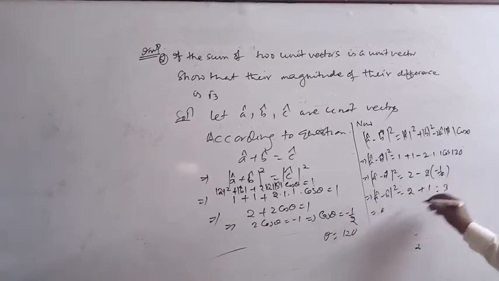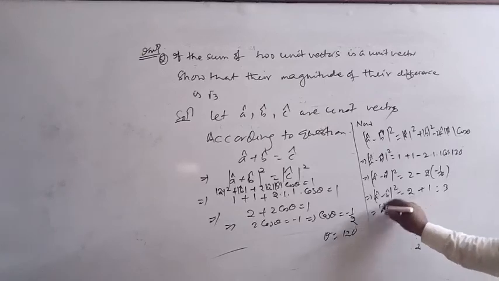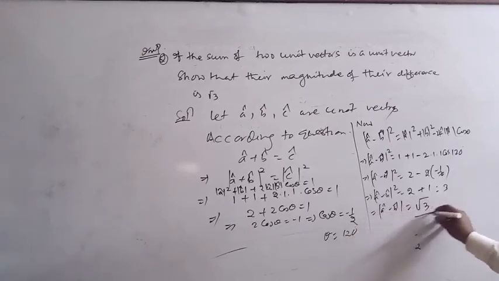Therefore the magnitude of a cap minus b cap is √3. Hence proved.